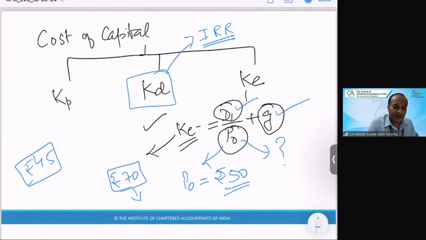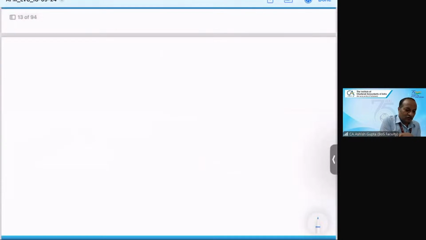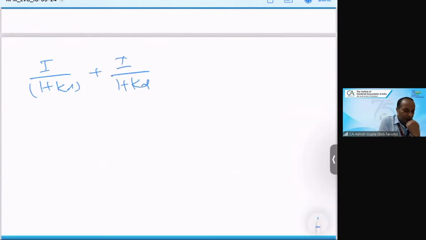There, what used to happen is we used to do it like this: I divided by (1 plus KD), plus I divided by (1 plus KD) raised to power 2, or something like that, plus the redemption amount, the redeemable value, plus I in the last year, divided by (1 plus KD) raised to power n, and this should be equal to the price of the security.